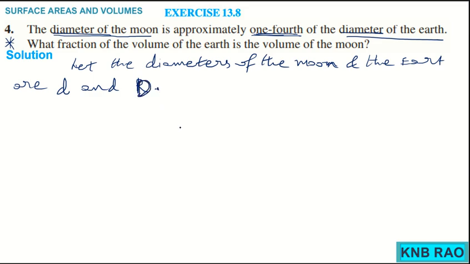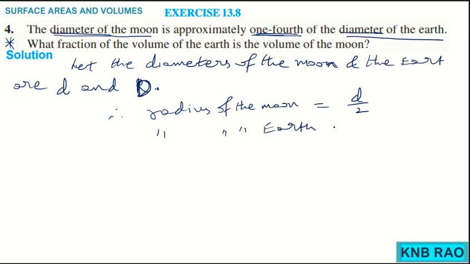Therefore, the radius of the moon becomes small d by 2 and the radius of the earth becomes capital D by 2. And here they already said small d is 1/4 of capital D. It is given.